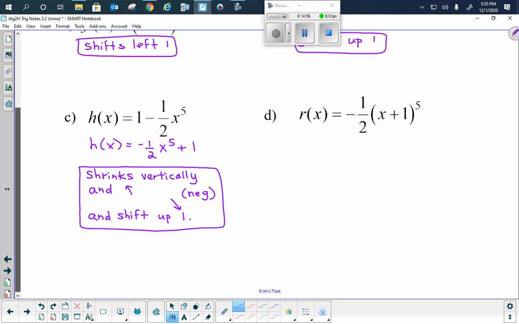So why don't you try D yourself? All right, in D, first things first, order of operations, inside the parentheses would first shift this thing left 1. And the 1/2 is going to say it shrinks vertically.